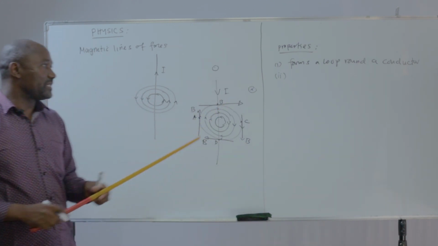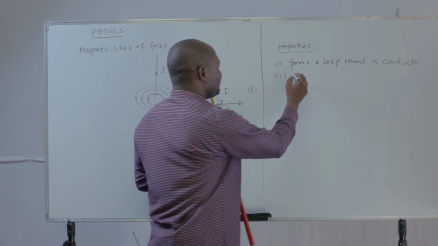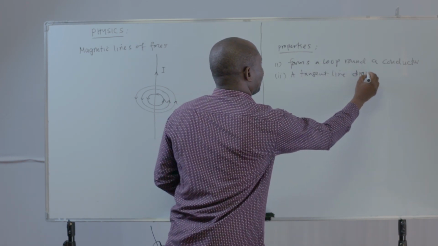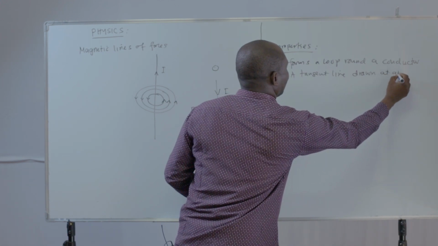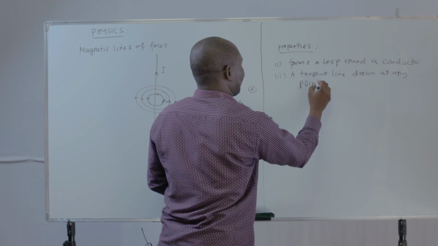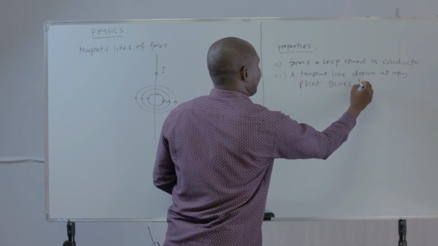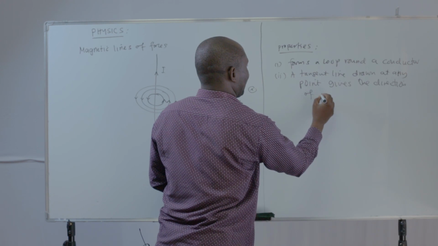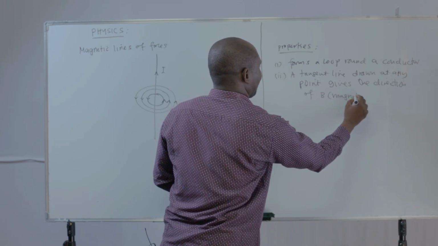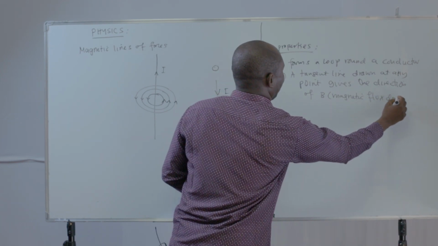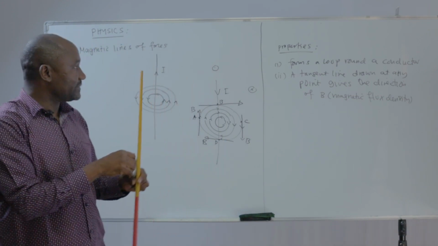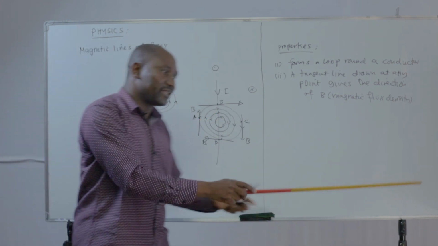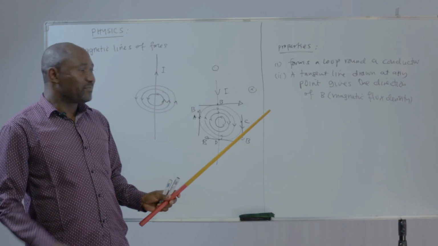So property number two is that a tangent line drawn at any point you choose gives the direction of the magnetic field that we're going to discuss. So that's property number two.